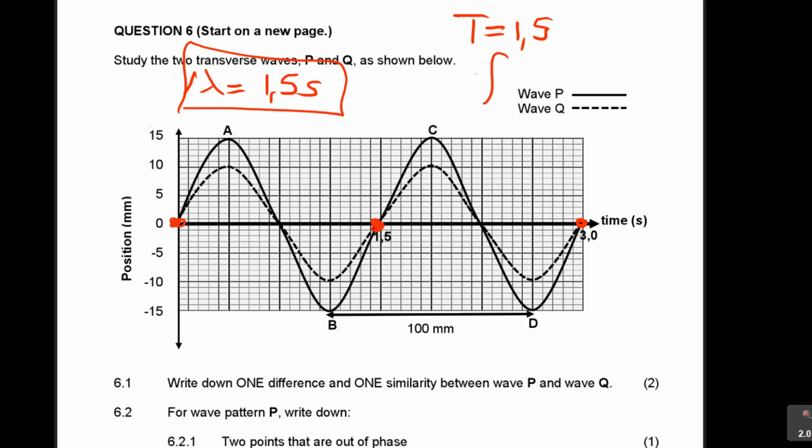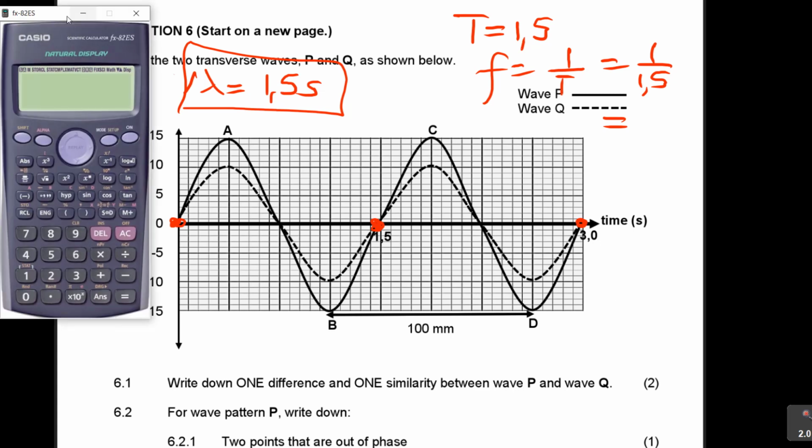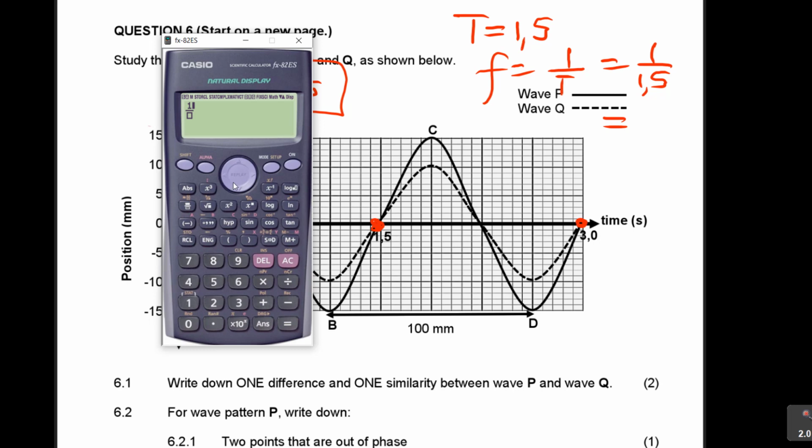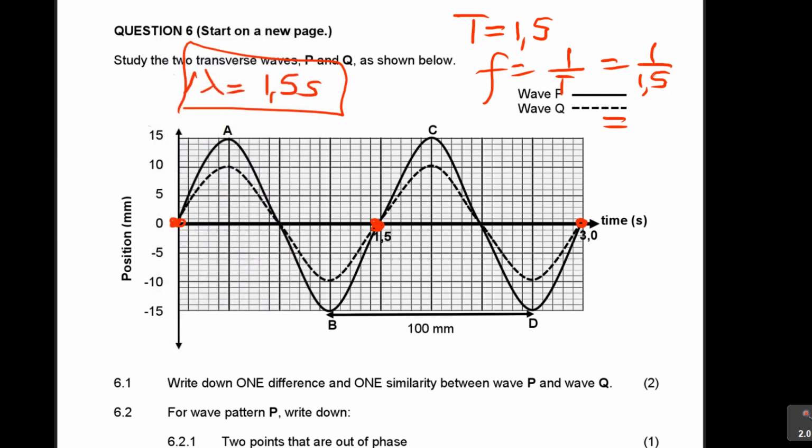So you can now use F is 1 over T, which is 1 over 1,5. Let's see whether it gives us the same thing here. 1 over 1,5 is 0,667, so it's the same 0,67 hertz.